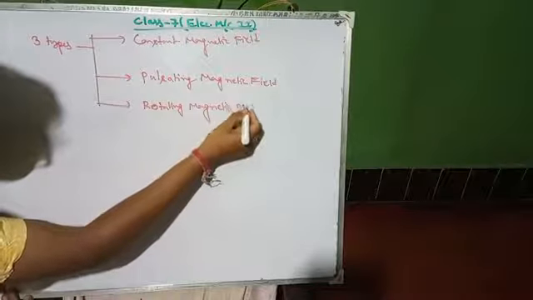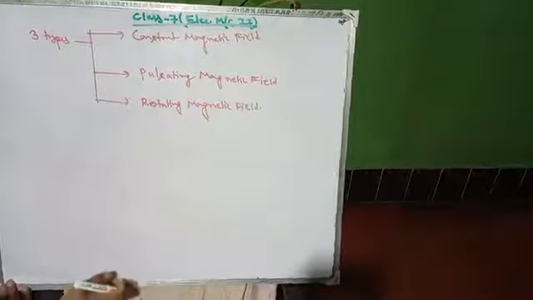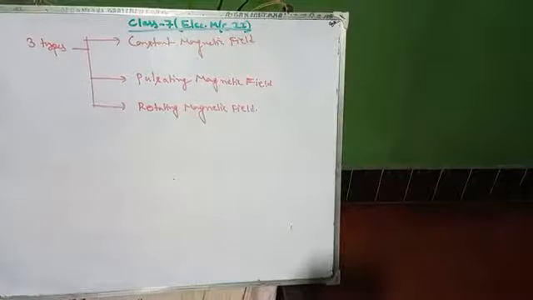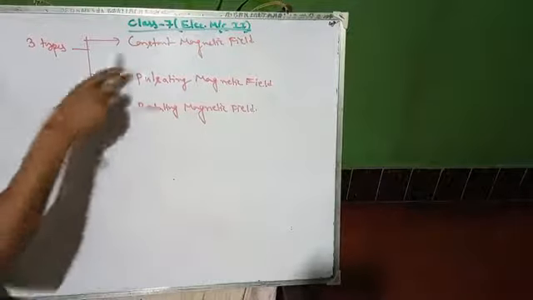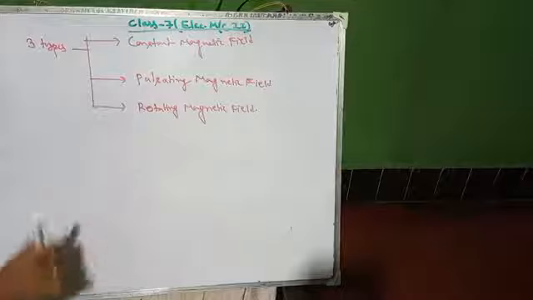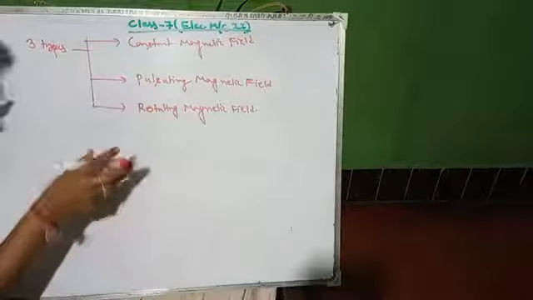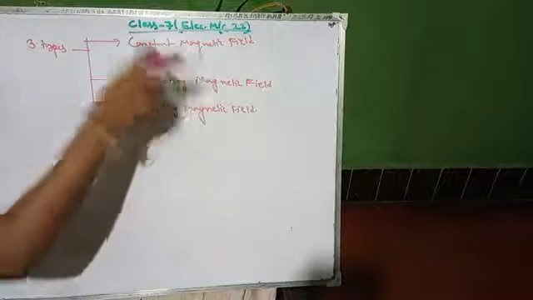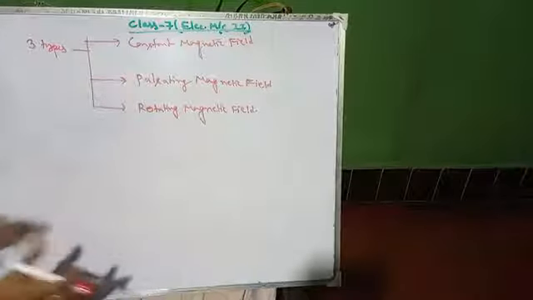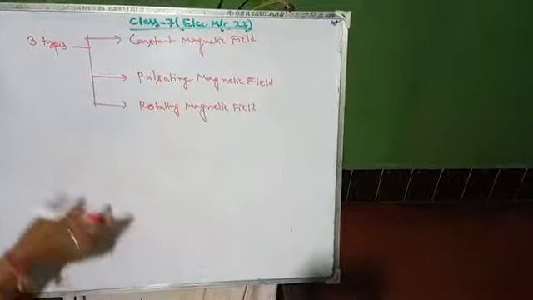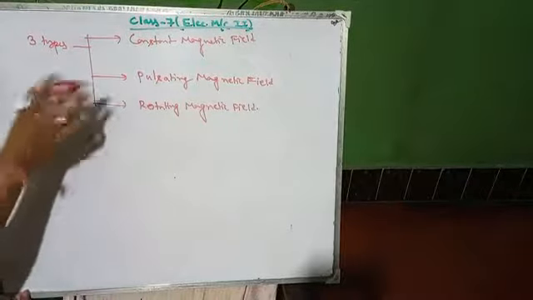So these 3 concepts you have to understand. What is a constant magnetic field, how it is produced, what is the application of this constant magnetic field, in which type of machine it is used, and how it is used. This type of question you have to understand in this module.